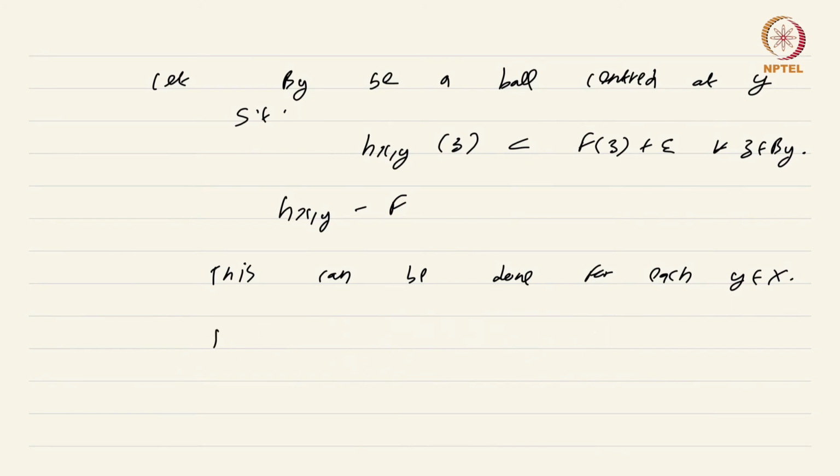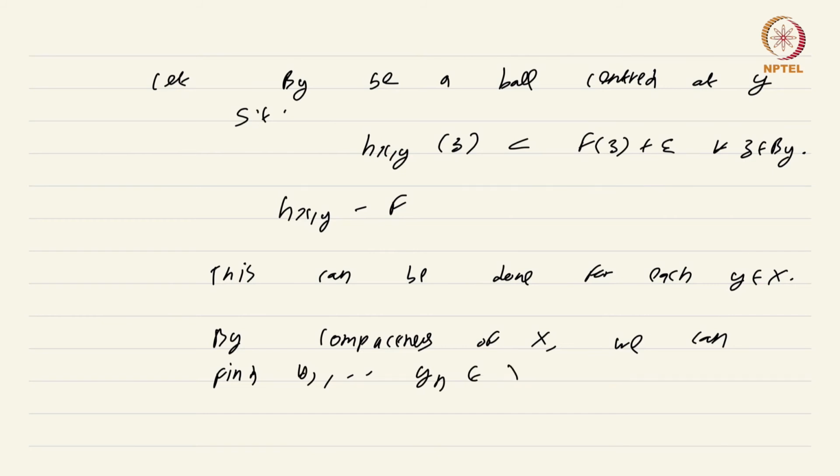By compactness of X, we can find y_1 to, let's say, y_n in X such that B_{y_1}, dot dot dot, B_{y_n} cover X. So I'm going to be very, very brief here. This is a standard compactness argument which should be second nature to you by now. We can find finitely many balls B_{y_1} to B_{y_n} that cover X.